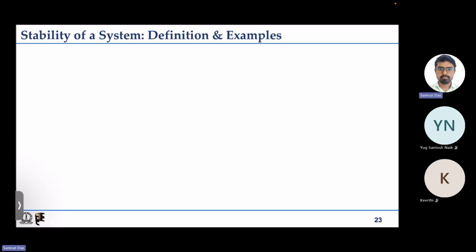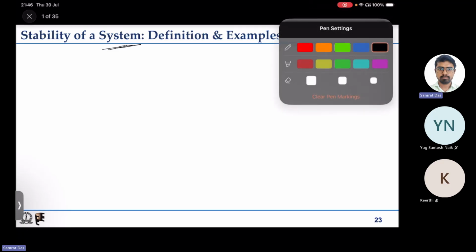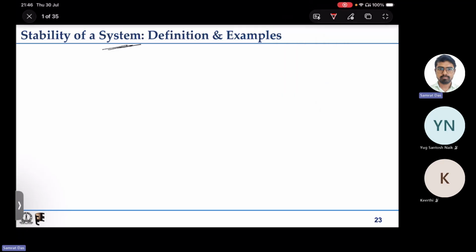So what do we mean by stability? Any system will be said to be stable if the response remains well behaved after it is subjected to some disturbance or some change in input. So what is stability?